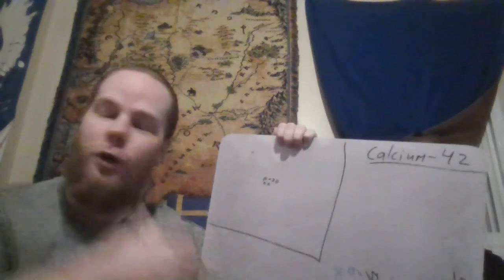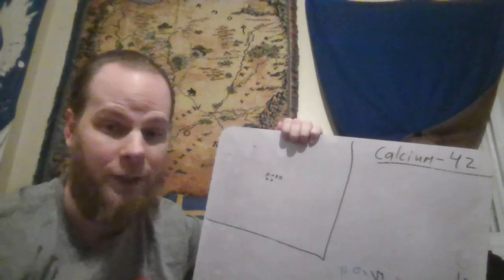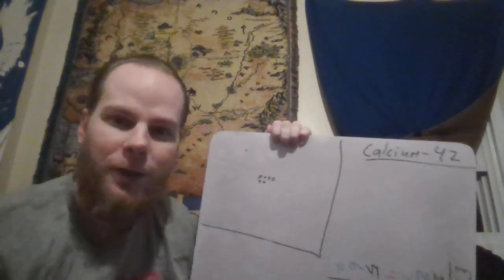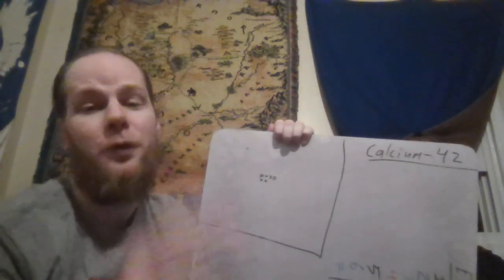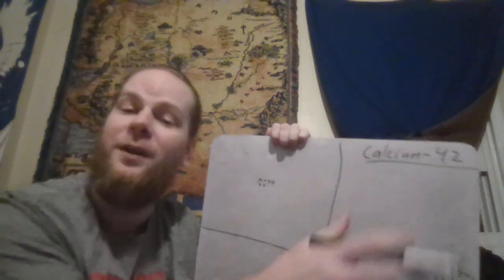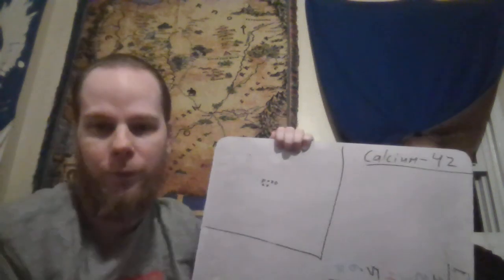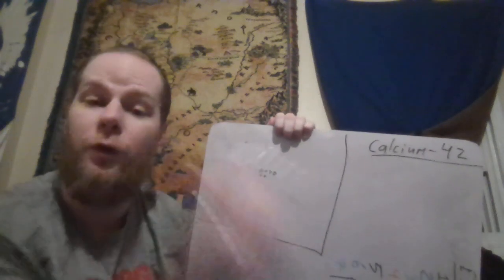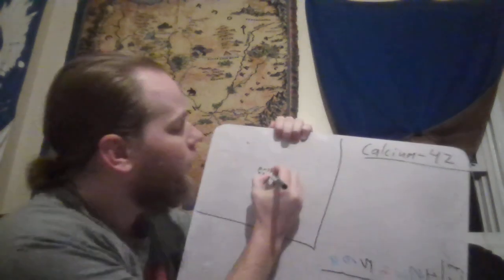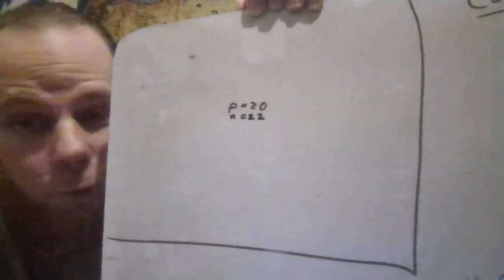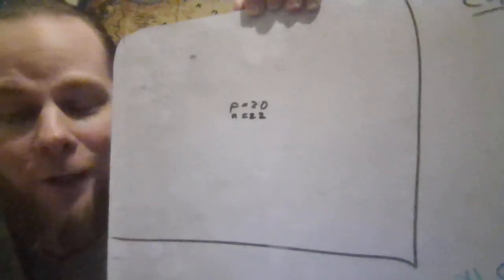And as you are all quite familiar, based on the entirety of the last 7 days of class, the mass number is equal to protons plus neutrons, or the number of neutrons is the mass number minus the number of protons. So 42 minus 20 gives us 22. So there are 22 neutrons. So I'm going to write 22 here. Okay? So that says P equals 20, N equals 22. Don't write yet. I'm just showing you that that's what that says.